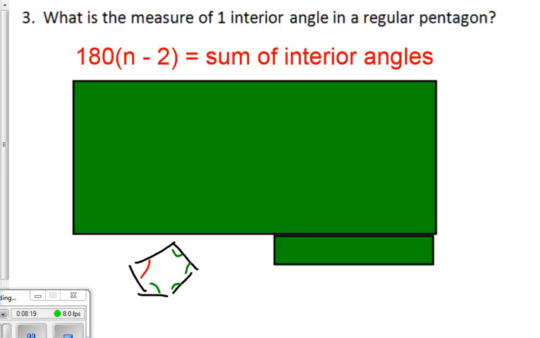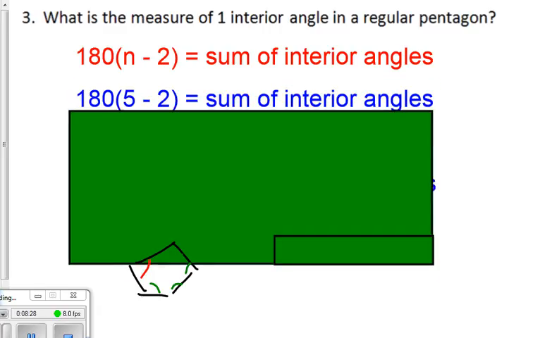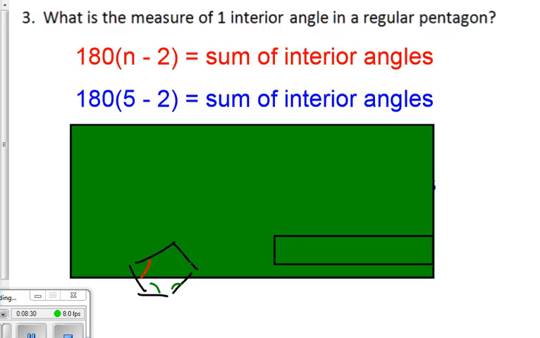Okay, so to find the sum, again, we start with our formula, 180 times n minus 2 equals the sum of the interior angles. It's a pentagon, so there are 5 sides.